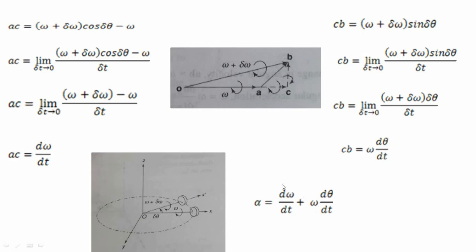What does the term omega d theta by dt represent? It represents the change in direction of the axis of spin. So one term represents the change in magnitude, and the other represents the change in direction. This is the conclusion of this theory.